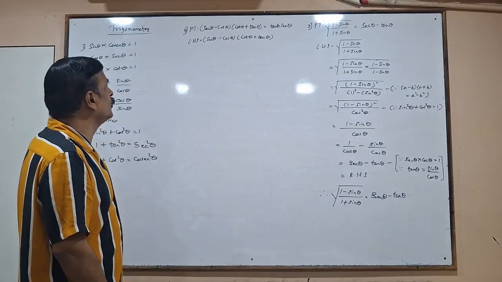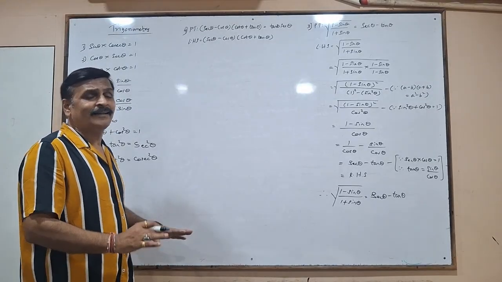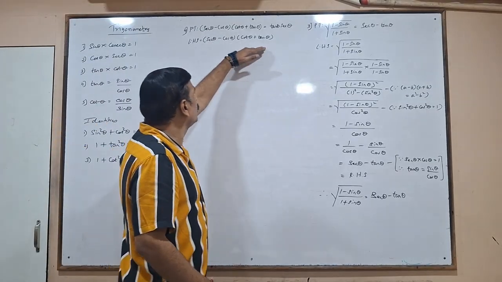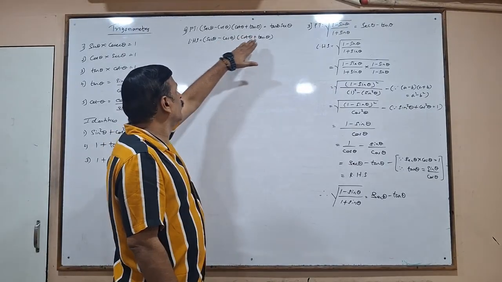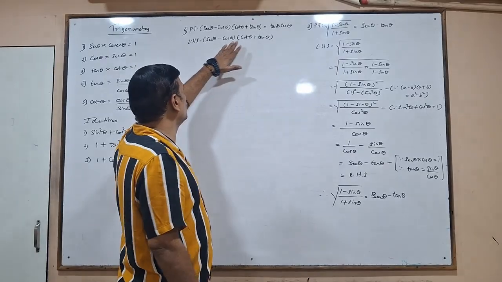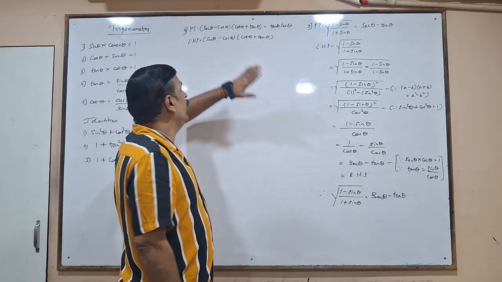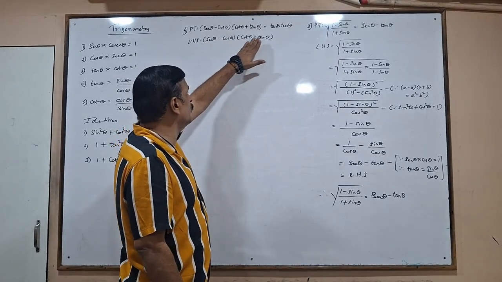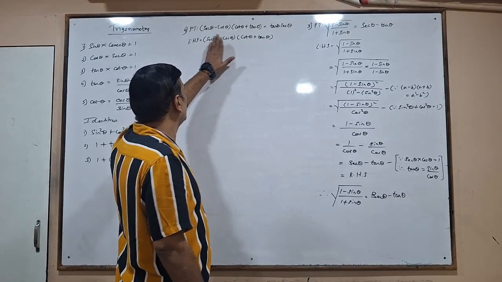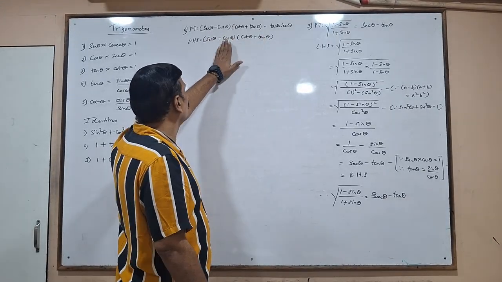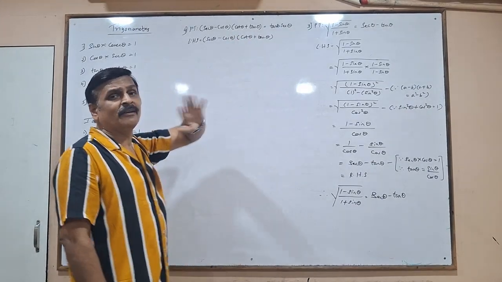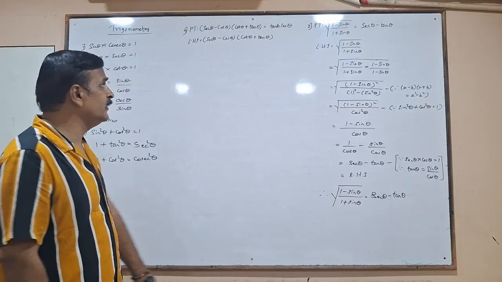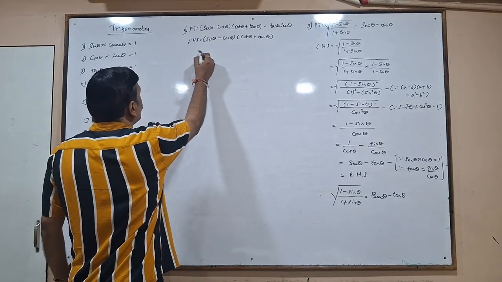So what we can do is we can either in this step only convert everything to sine and cos or expand it. There are two brackets in multiplication, x minus y, a plus b: x into a, x into b, y into a, y into b. Four terms you'll get, and then convert everything to sine and cos. That is your choice.